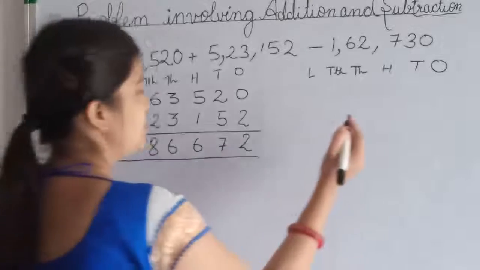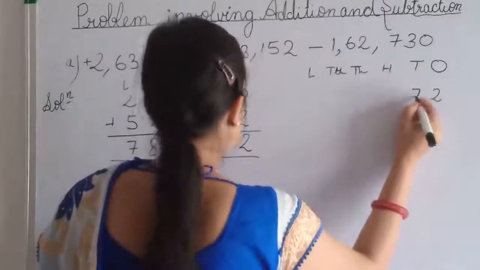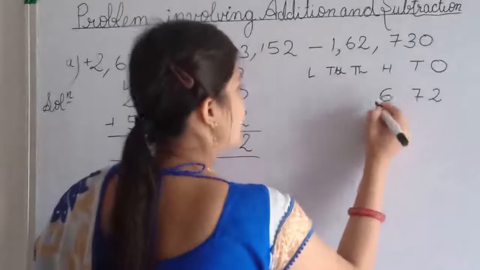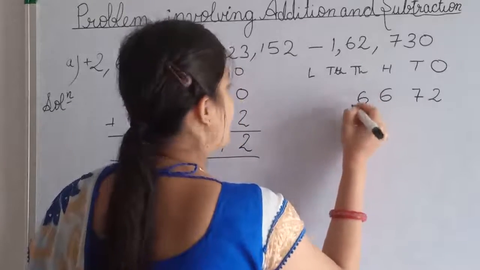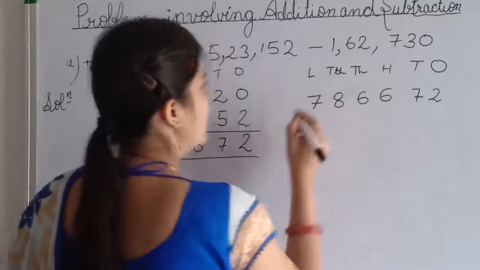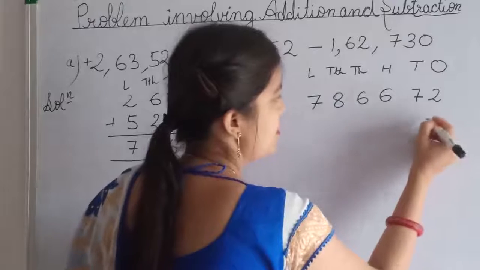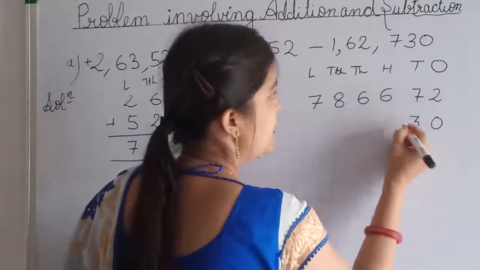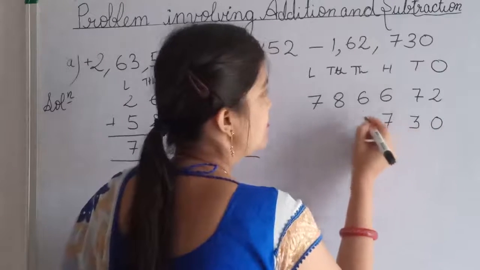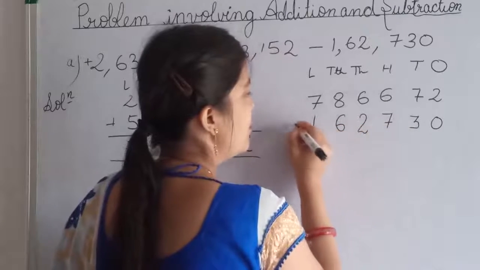Start from here. 2, 7, 6, 6, 8, 7. Okay. Now do here. 0, 3, 7, 2, 6, 1, minus.